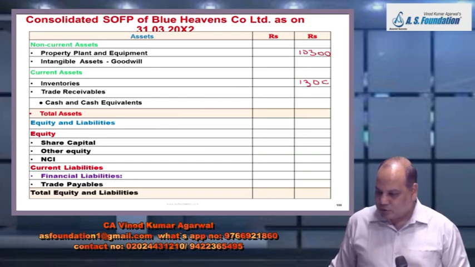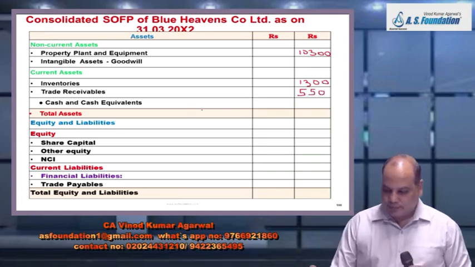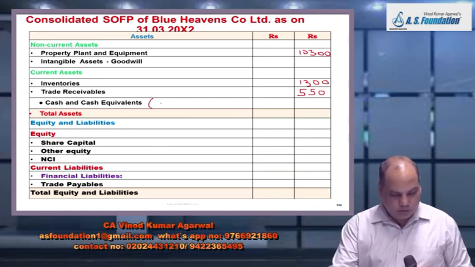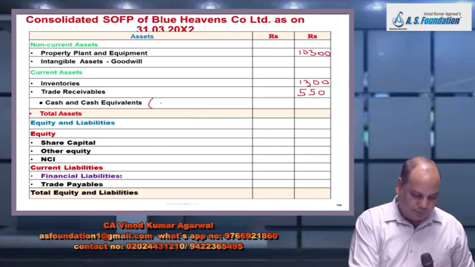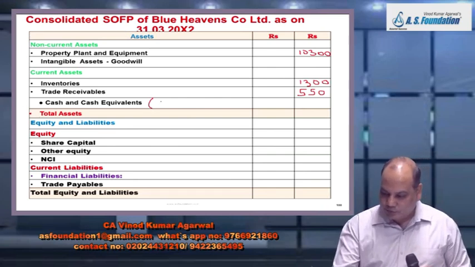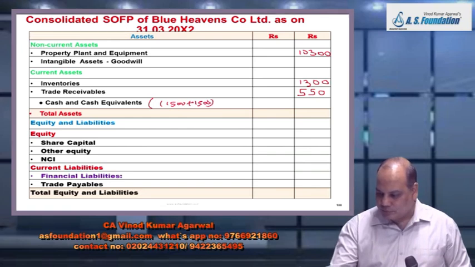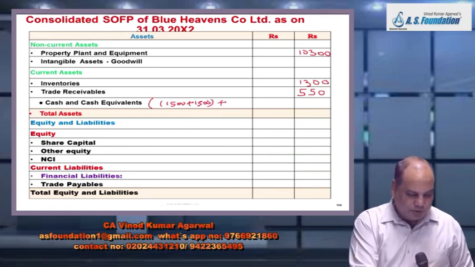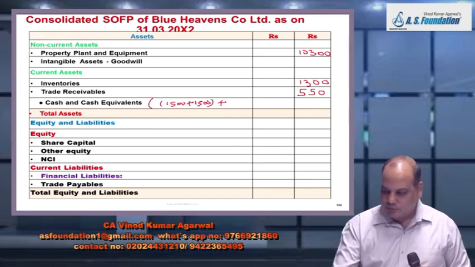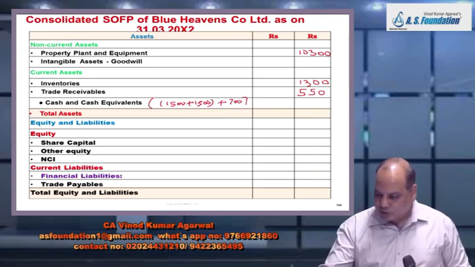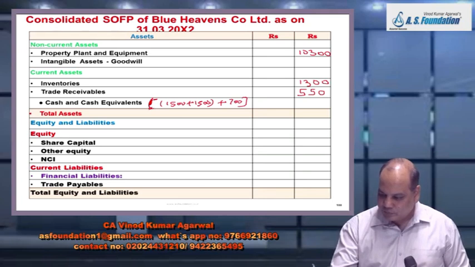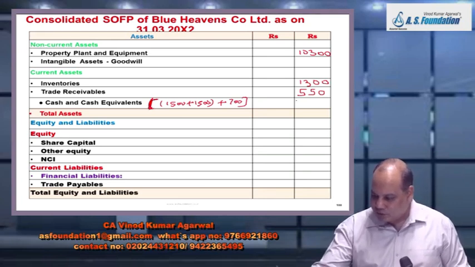Trade receivable was how much? 550. Only one figure I am going to change. Cash. Cash was given to you as 1,500, but that 1,500 will become 3,000. 1,500 plus 1,500 for the parent company, and the subsidiary was as usual 700. So my total cash balance will be 3,700.